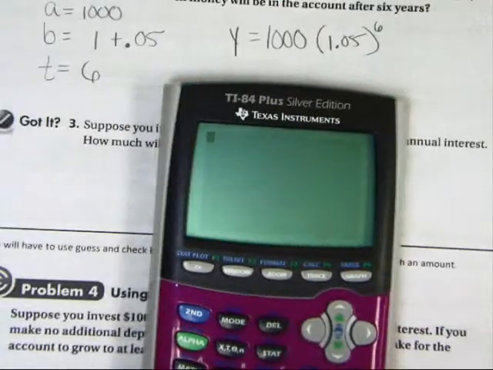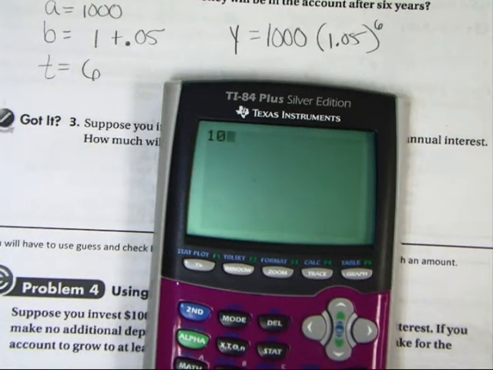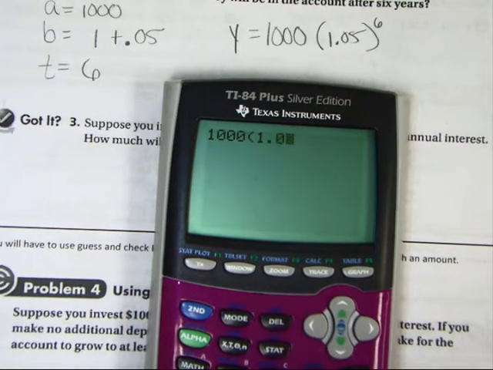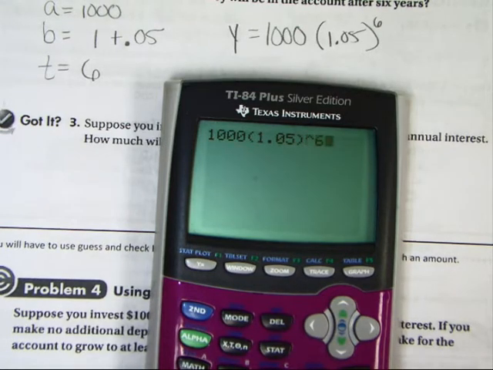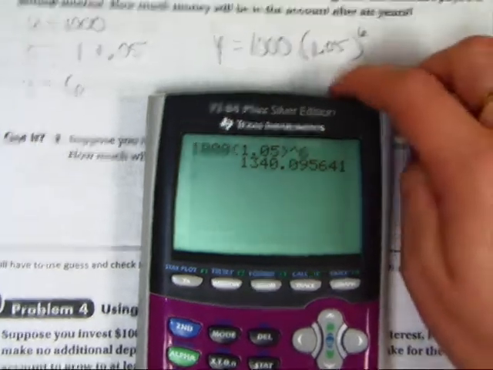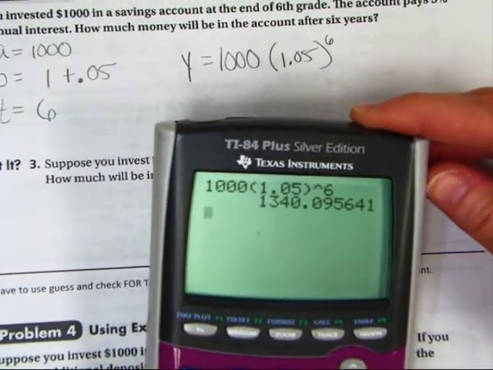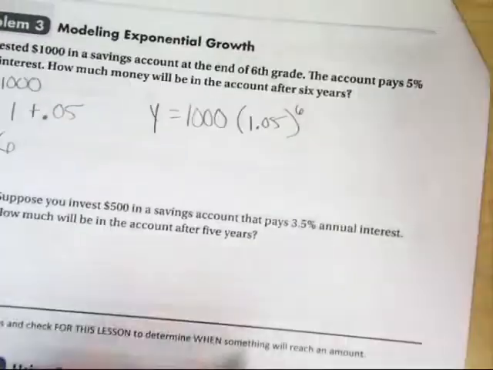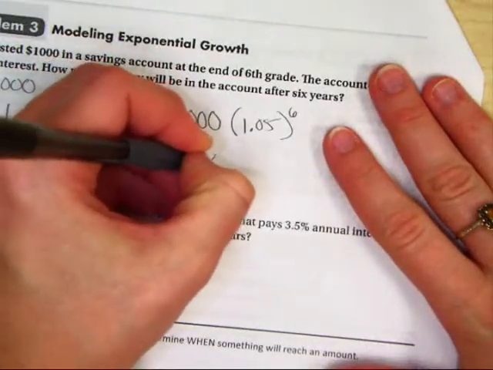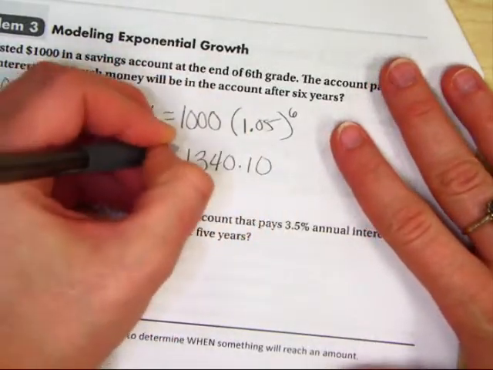You do 1,000 times 1.05 to the 6th power, and that is how much money you will have in the bank after that amount of time. So $1,340.10. Be careful with your rounding. Don't miss a half point because you don't know how to round.